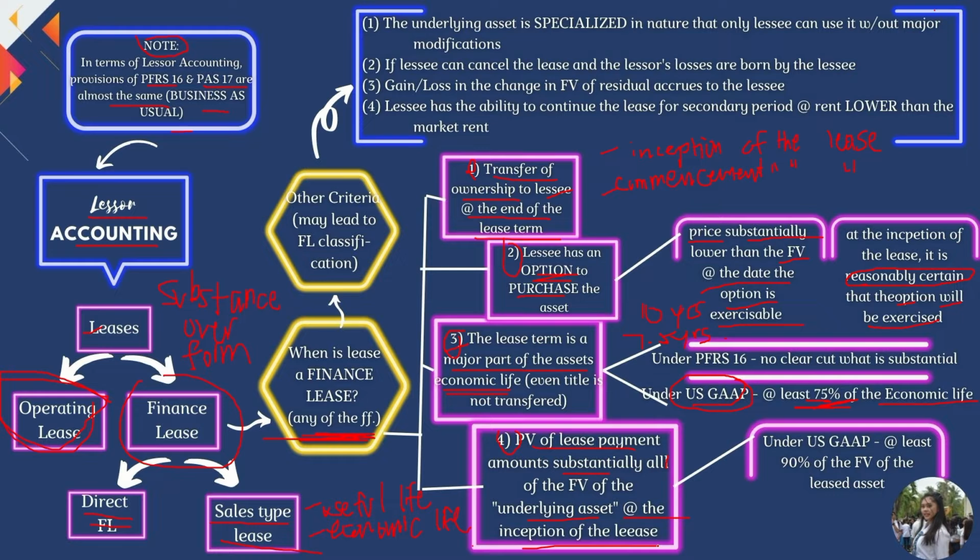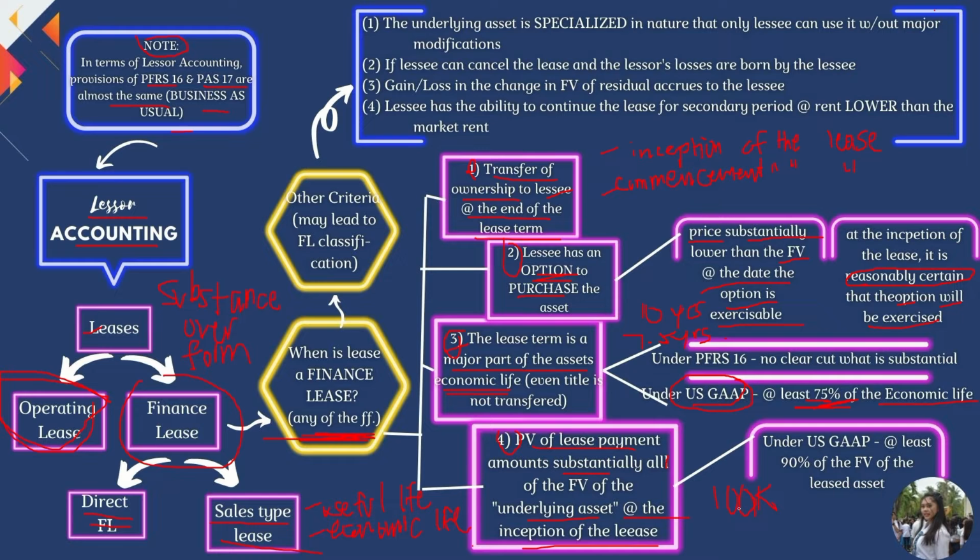So, if ang presyo sa asset nga giabangan, let's say 100,000. Okay, say 100,000. So, ang gibayad or ang present value sa lease payment amounts substantially all of the fair value. Meaning, duol kaayo sa 100,000 to the point nga mura na siya imong gipalit bisag wa jud.